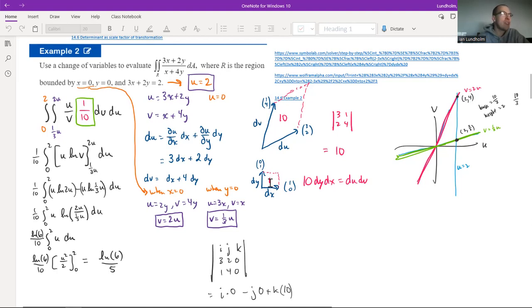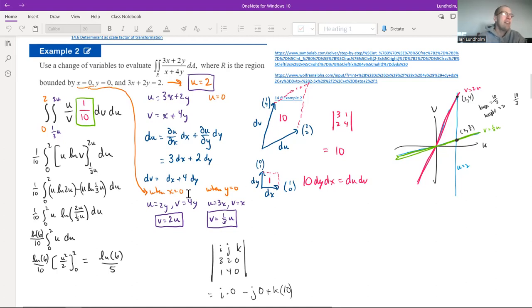We related that back to the cross product and taking determinants: taking this 2 by 2 determinant, where this is our first vector and this is our second vector, gives us 10. And when we take cross products, the length of our cross product vector is the area of the parallelogram spanned by the two vectors that you're starting off with.